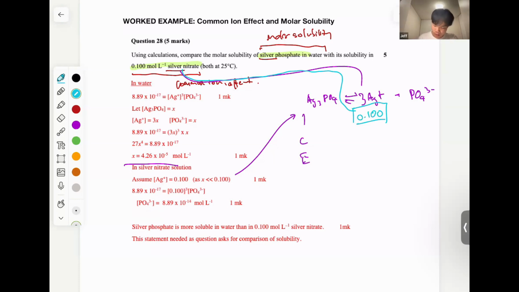Your silver phosphate, you suppose, is X. Once again, that's the maximum silver phosphate I can dissolve in this scenario. So then your changes are minus X, plus 3X and X, giving 0, 0.1 plus 3X, and X.